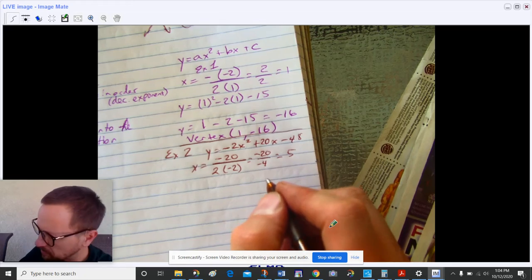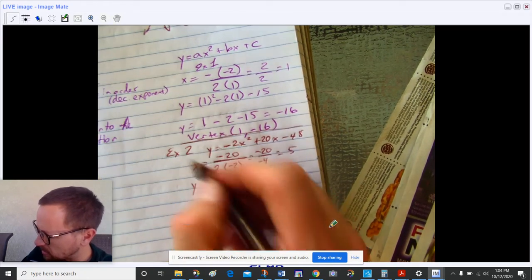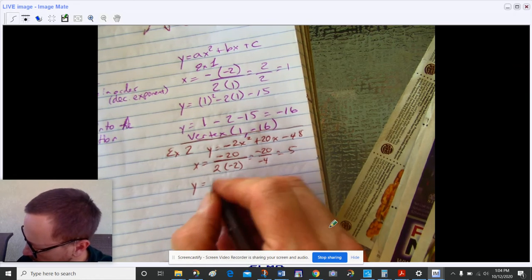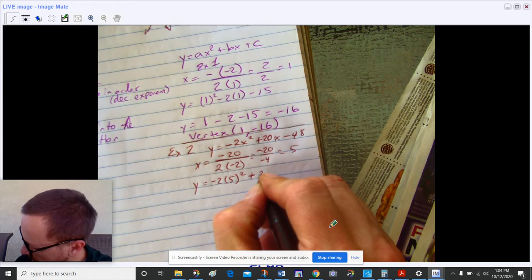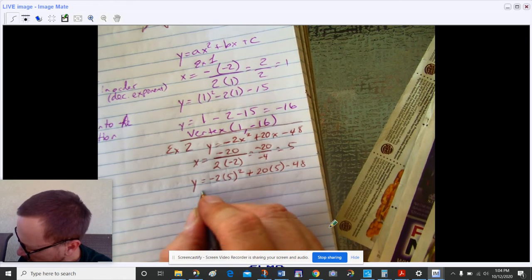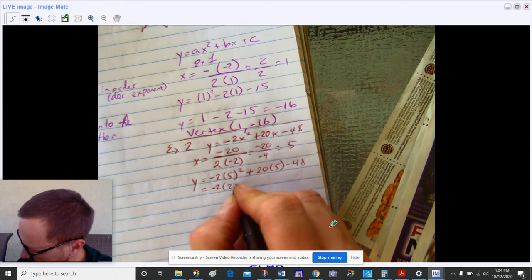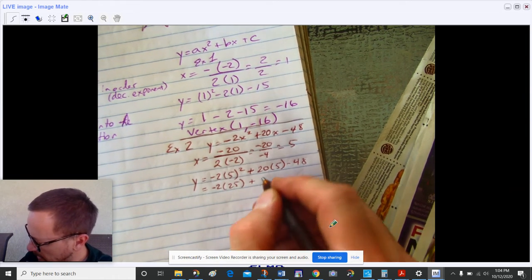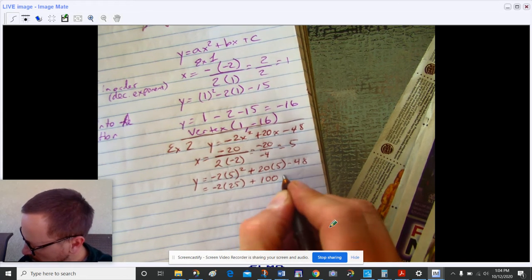So I have my x term. Now I'm going to take that and plug it into the function. So y equals negative 2 times 5 squared plus 20 times 5 minus 48. 5 squared is 25, so that's negative 2 times 25, which is negative 50. 5 times 20 is 100 minus 48.